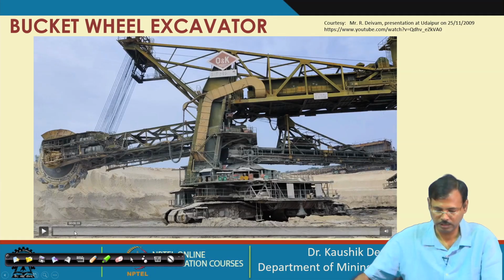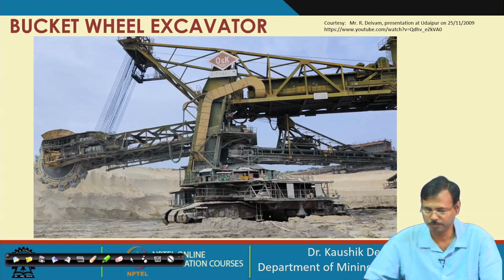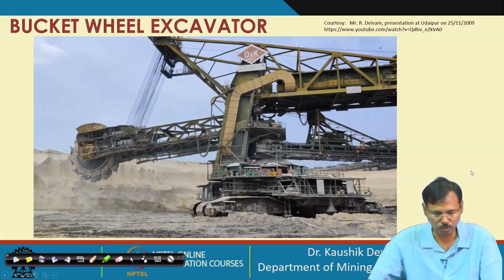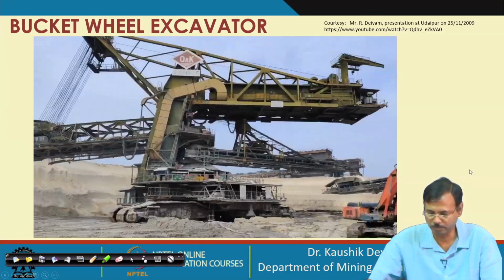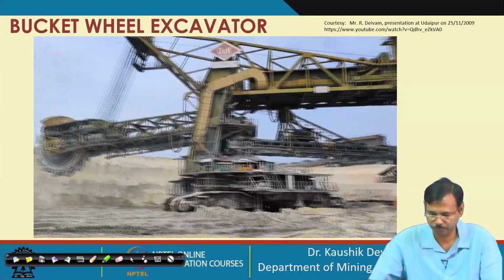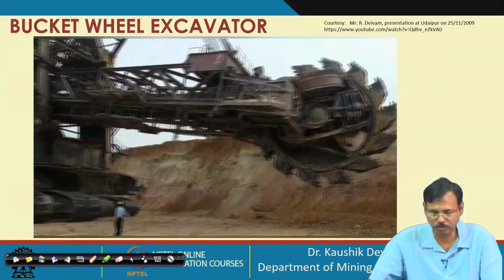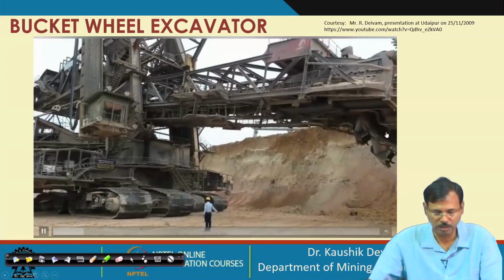And this is the modern one, and in the 1960s it was introduced to Neyveli lignite mine. So, this is the operation of the bucket wheel excavator in Neyveli lignite mines.